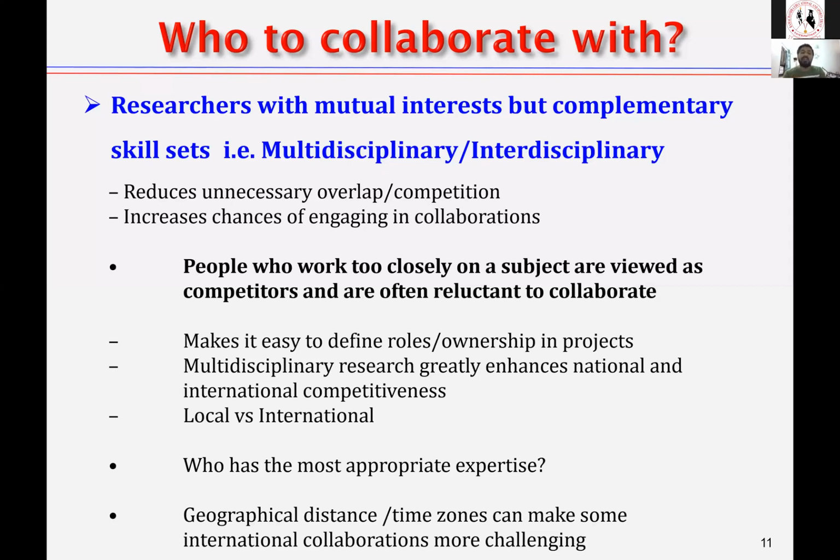You can't collaborate. They are called competitors. It makes it easy to define roles and ownership if you have differences. Multidisciplinary research greatly enhances collaboration, and you have to understand whether you want to collaborate locally, nationally, or internationally.